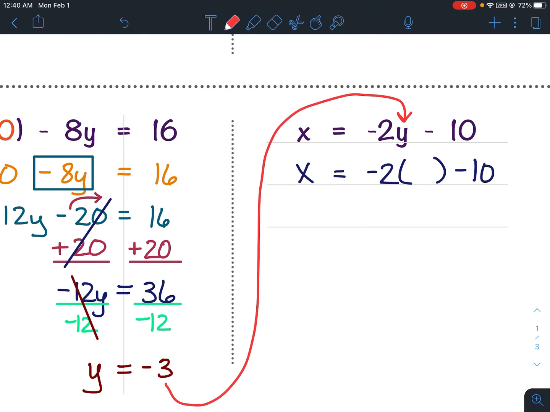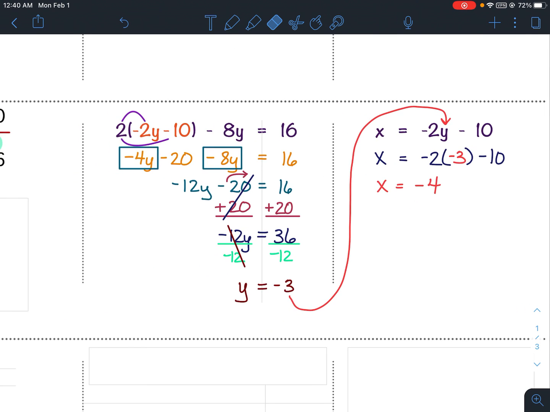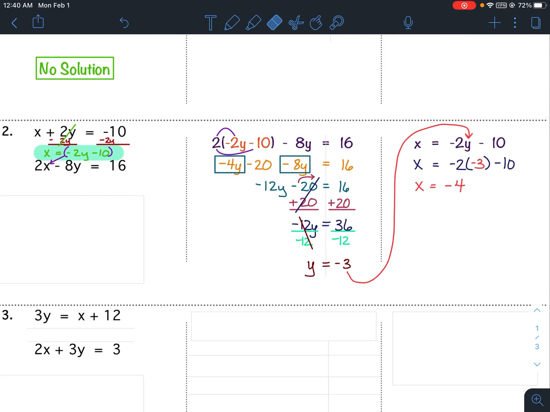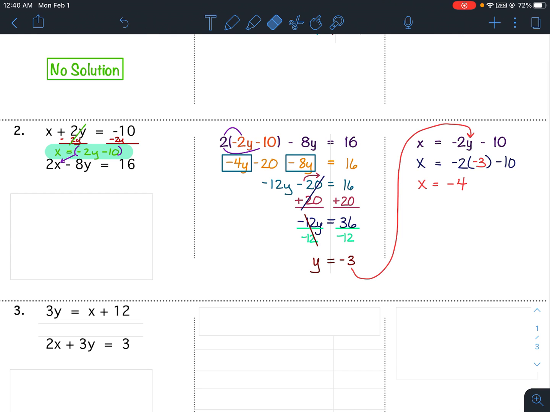Inside that parentheses is where the negative 3 will go. You would want to put that all in your calculator at once. Negative 2 times negative 3 minus 10, so 6 minus 10 would give me x equals negative 4. So my final answer: x equals negative 4, y equals negative 3.